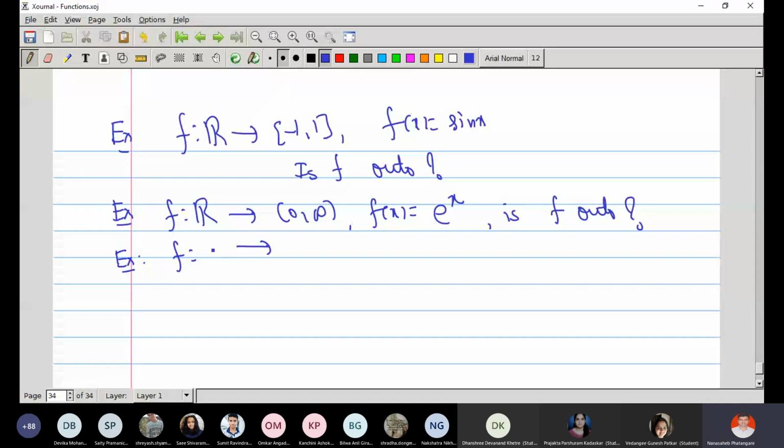If you look at the graph of the sine function, then for every element between minus 1 and 1, you can produce many pre-images. There are many pre-images for every y between minus 1 and 1. These all are pre-images of the same number y. That you can observe from this.